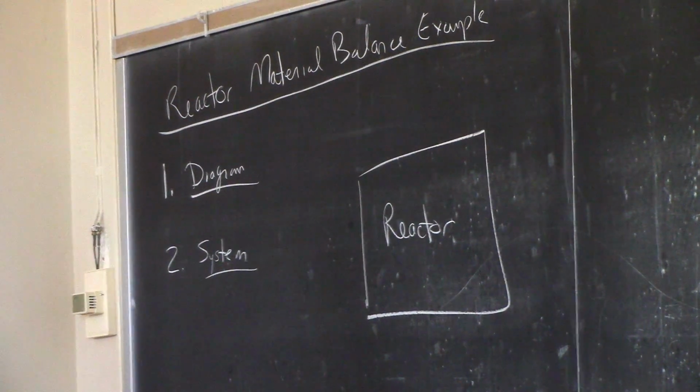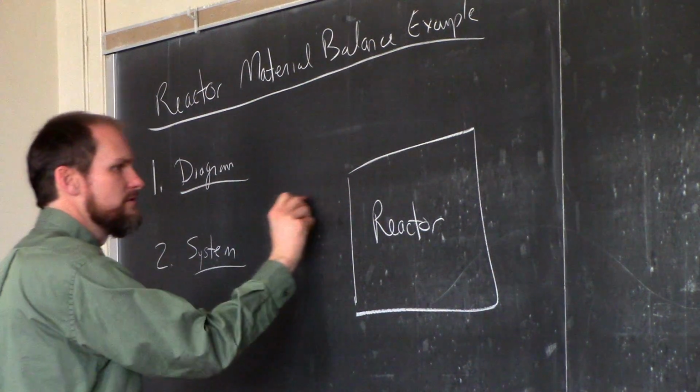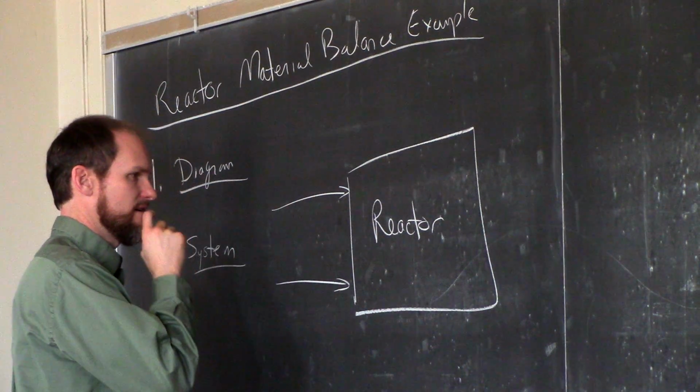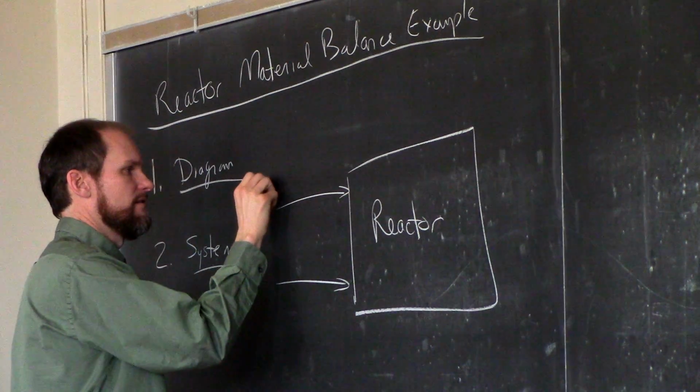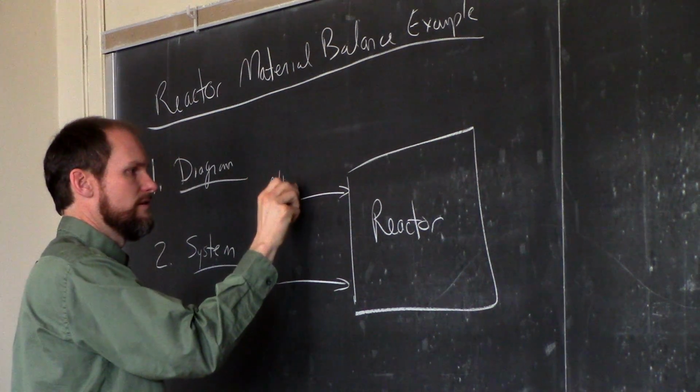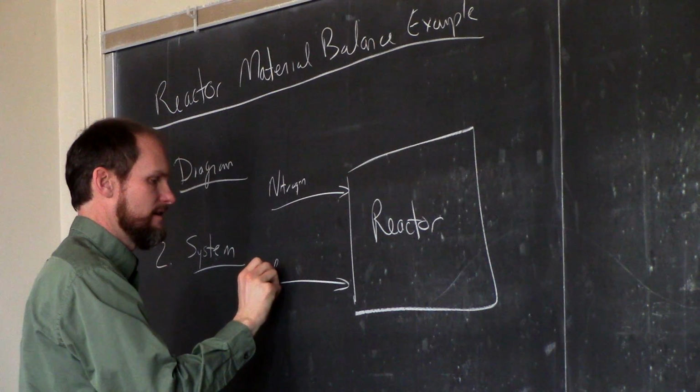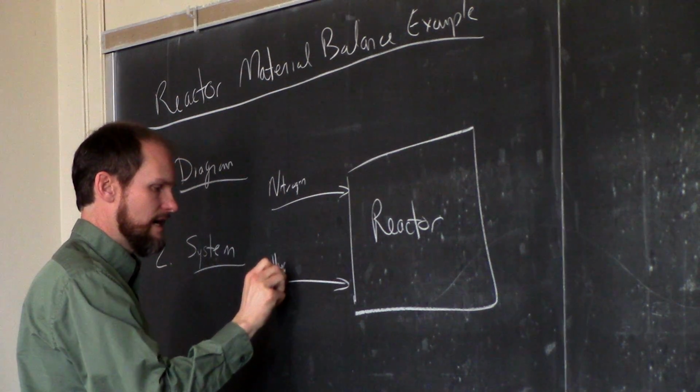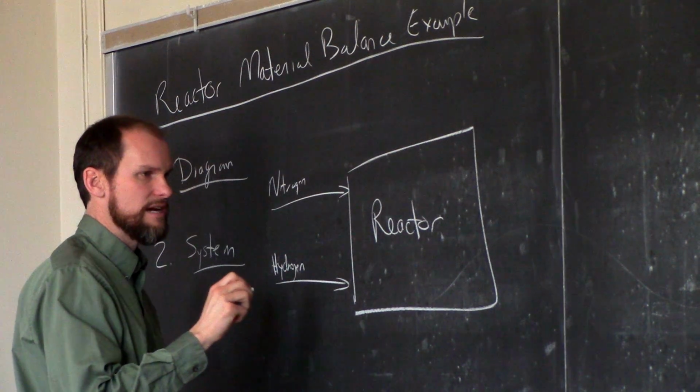Robinson, how many streams in? 2. What are the 2 streams? Nitrogen and hydrogen. What's the output stream?